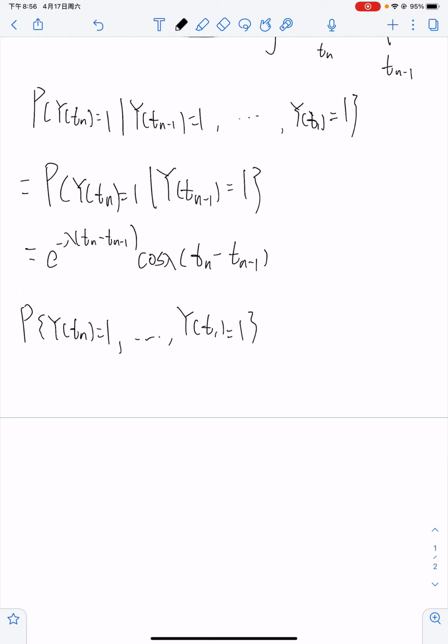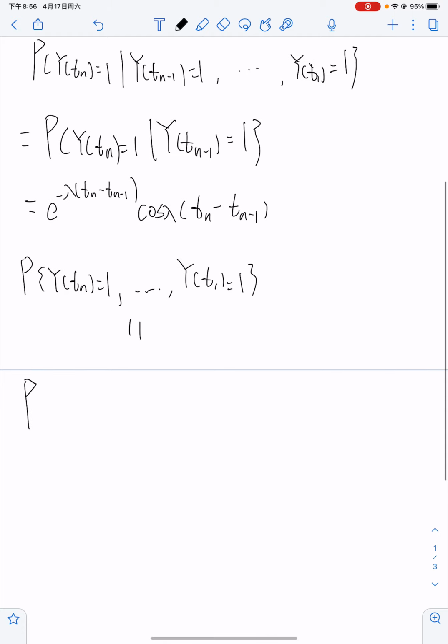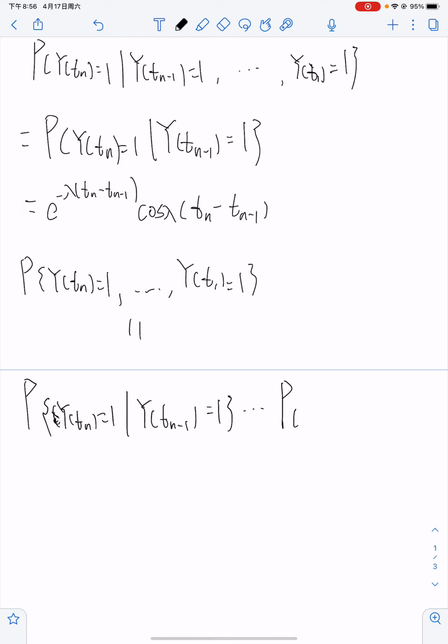This can be written in this way, using the conditional probability formula, times the last item, the probability that Y(t_1) equals 1.